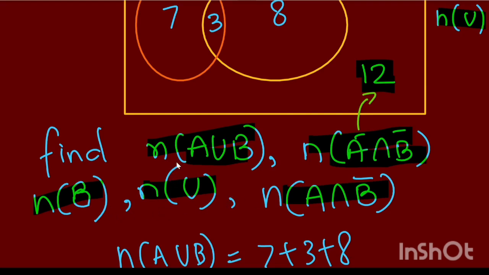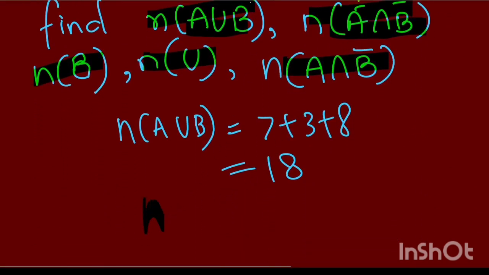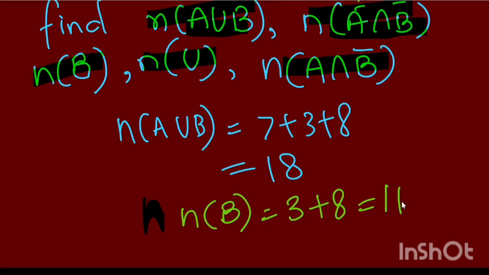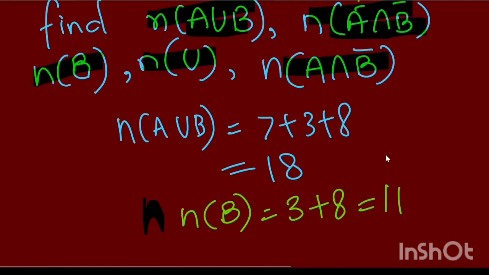Now nB is what, guys? nB is the sum of 3 and 8, which is 11. nU is the sum of all the numbers inside this rectangle: 12, 8, 9, 3, 7. 7 plus 3 is 10, 10 plus 9 is 19, 19 plus 8 is 27, plus 12 is 39. So nU is 39.